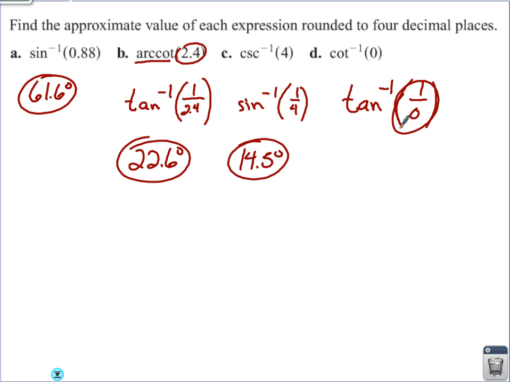So you've got to ask yourself, where is tangent undefined? 90 degrees, but again, like we said, we're restricted from 0 to 90. We know what our angle is. Okay, we know it's a 90-degree angle, but since that's not in our domain, we're gonna throw it out. We can't find the tangent of 90, but we know what that angle is going to be. We knew what our answer would be, even though we can't find the tangent of 90.